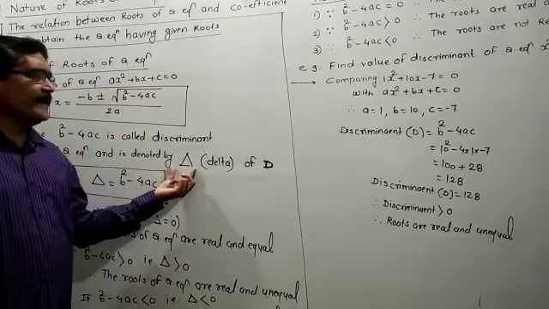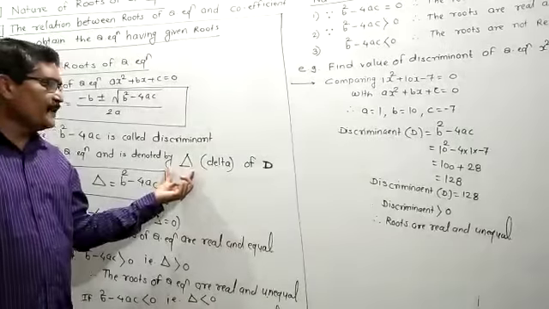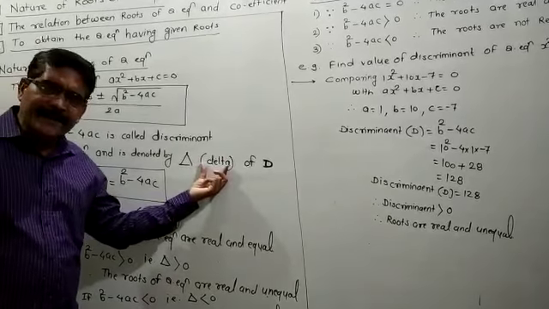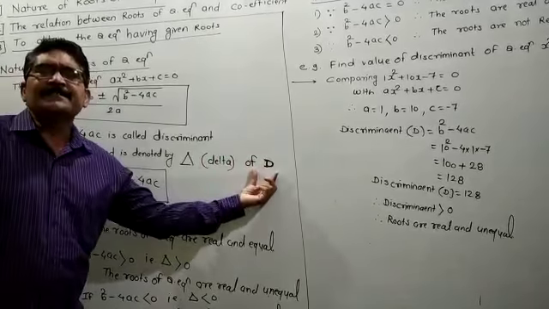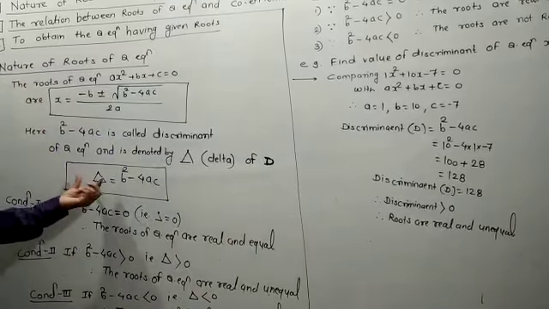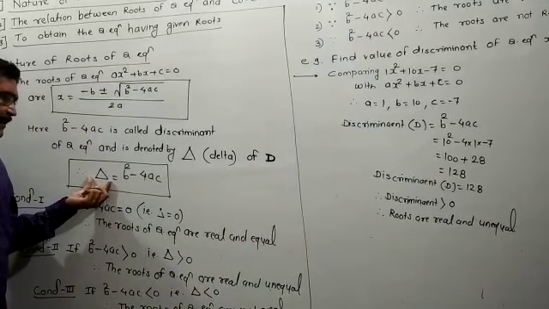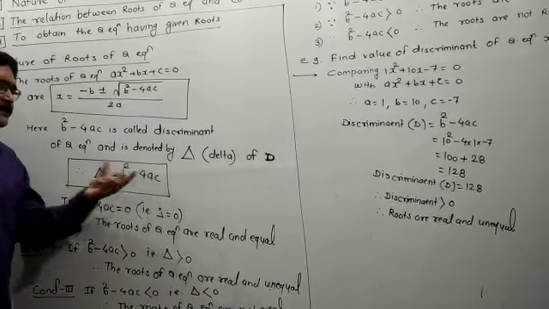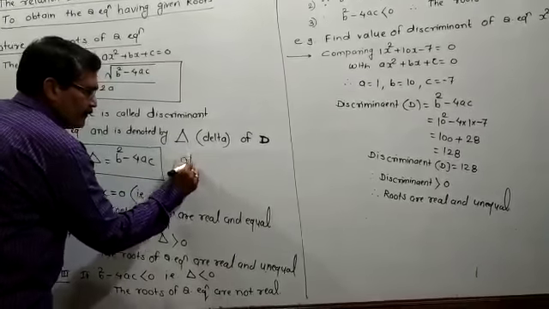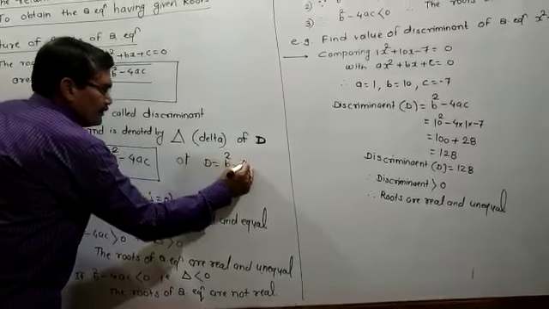It is denoted by delta, the triangle. This discriminant is denoted by the triangle, or you can say it is represented by capital D. So delta means D, the discriminant, is equal to b square minus 4ac.